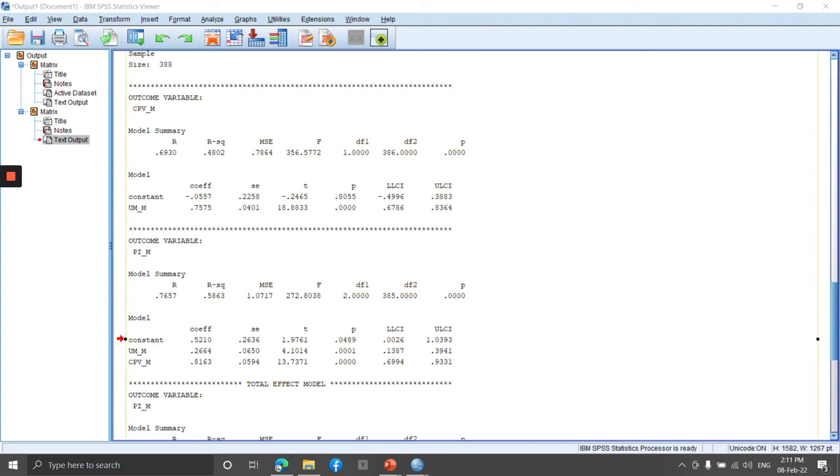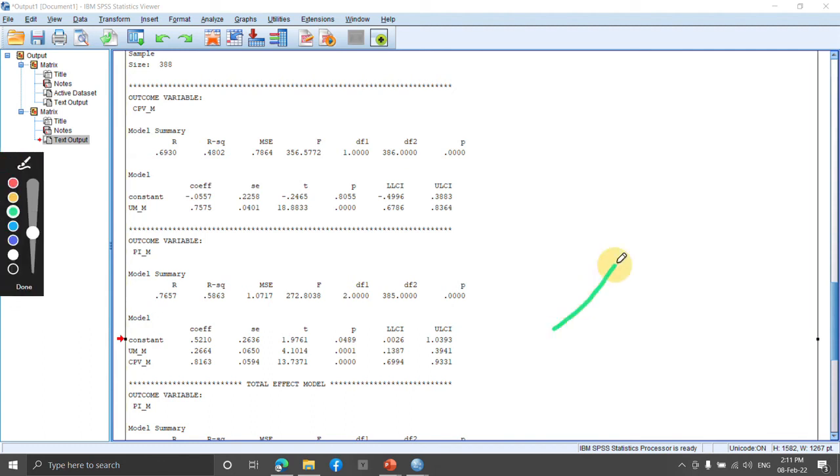In other words, you already checked this path is significant, this path is also significant, and this path is also significant this time, but last time this path was insignificant. So now you can understand, according to the definition, if all the paths are significant, then it is partially mediating.